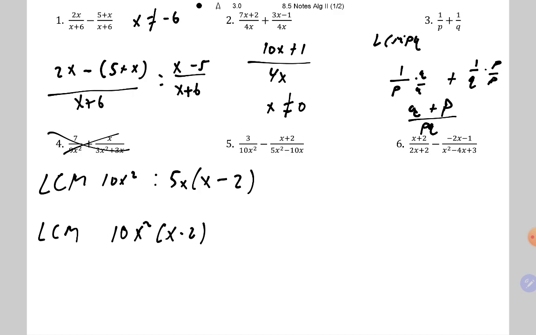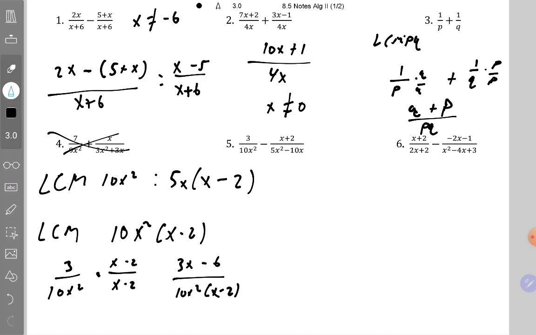That's our lowest common multiple. Okay, let's go about solving the problem now. So the first one, 3 over 10x squared, is missing an x minus 2. So this is going to be 3x minus 6 over 10x squared, x minus 2.